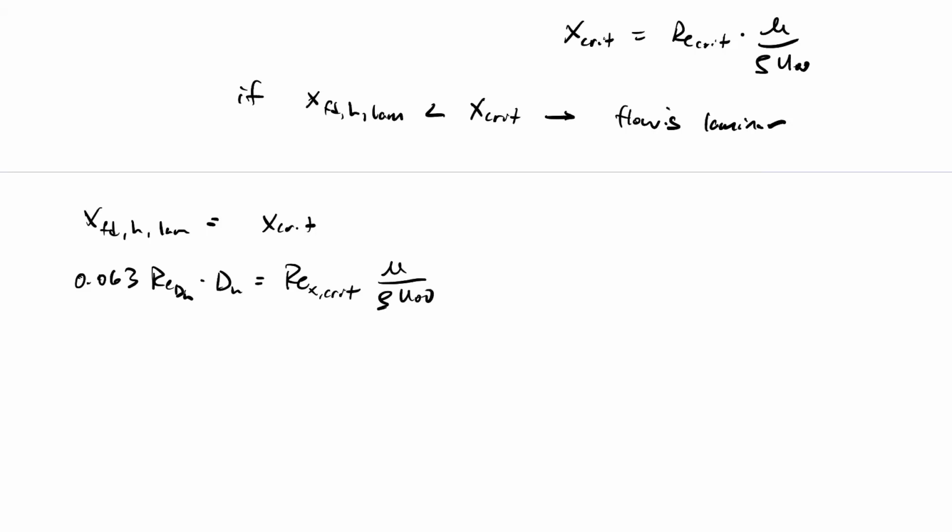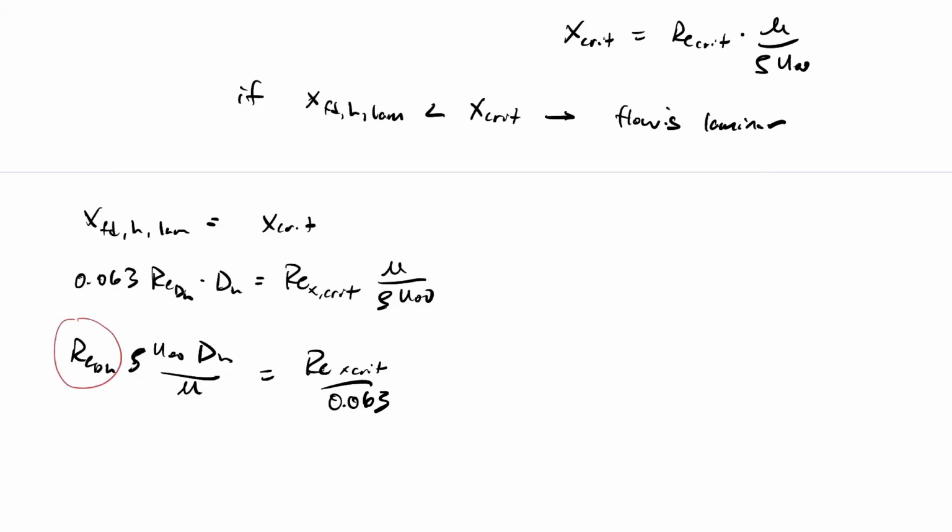So let's bring the mu, rho, U infinity over to the other side, and we end up with Re_DH times rho times U infinity times D_H over mu was equal to Re_X,crit over 0.063.